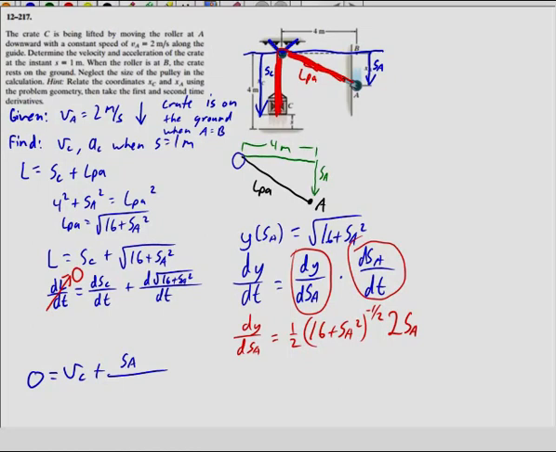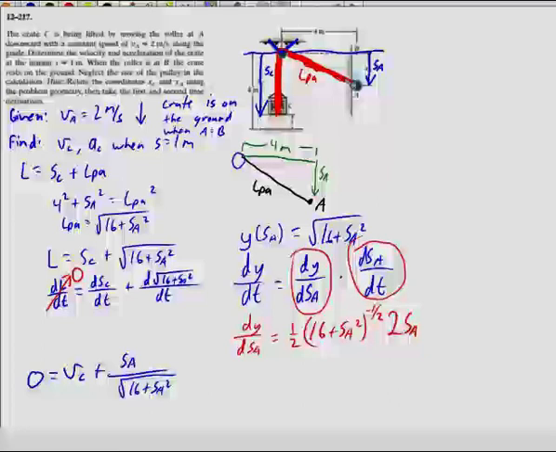On bottom, we have the square root of 16 plus SA squared. And then, of course, we have the dsa dt, which is the other term we have to put in there. And dsa dt is just velocity of A. So there we go. We have 0 is equal to the velocity of C plus the position of A times the velocity of A over the square root of 16 plus SA squared.